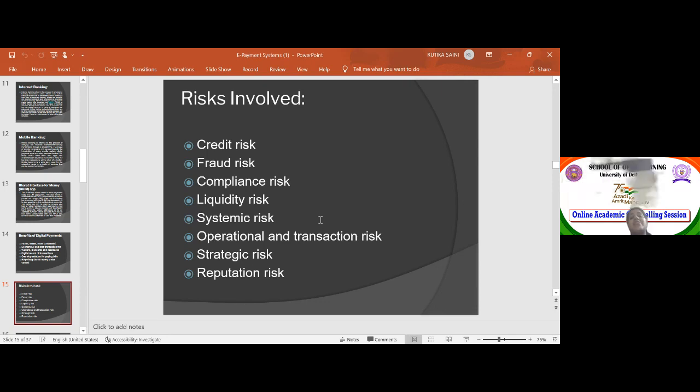And these are risky things because they can fetch your information, they can ask for your login ID and password. So you have to be very careful while making any electronic payment.